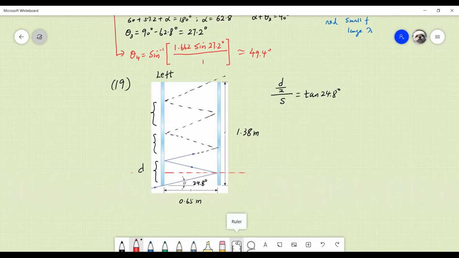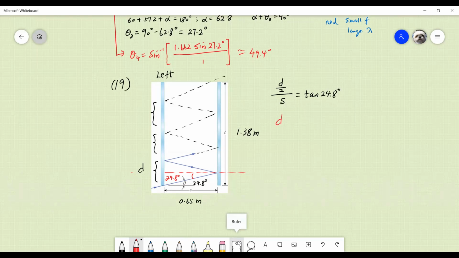So this angle is also 24.8 degrees. And then D over 2 divided by S will be tangent 24.8 degrees.